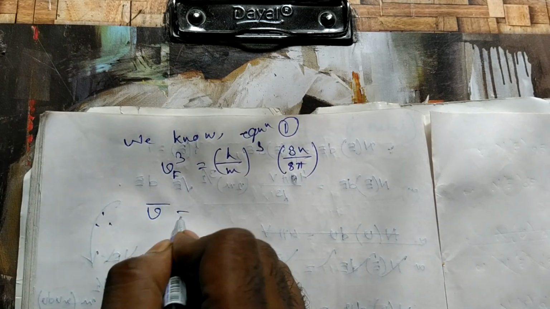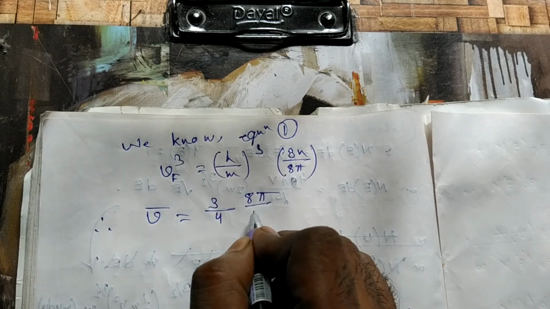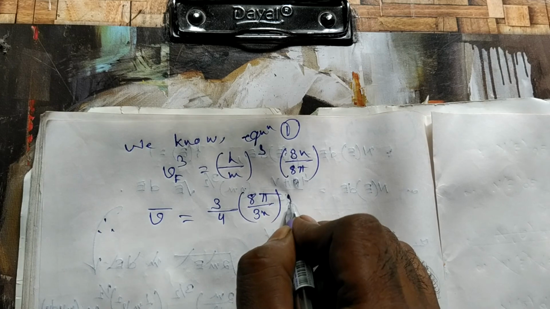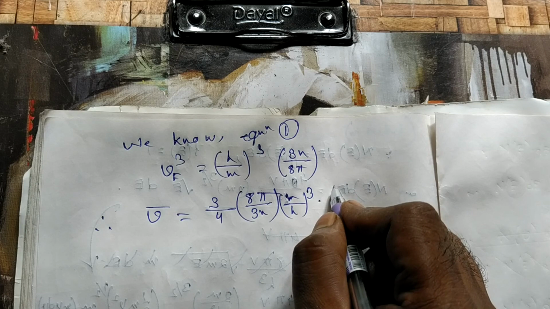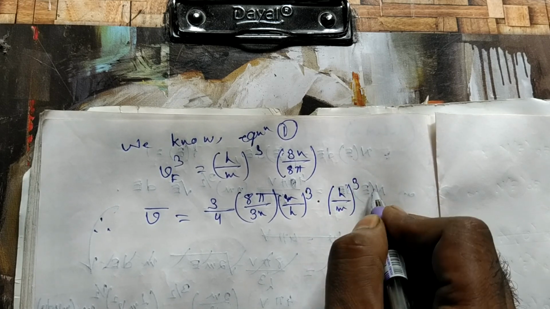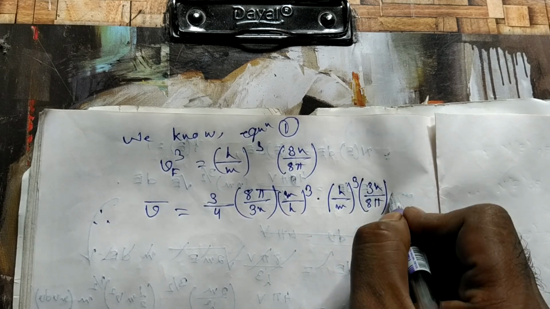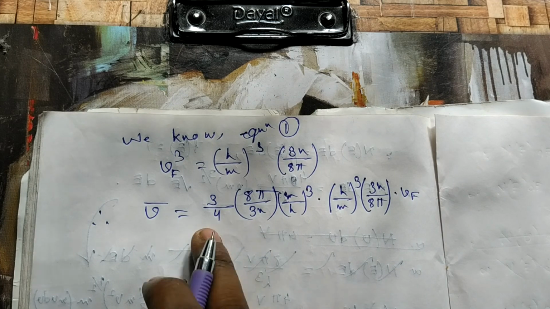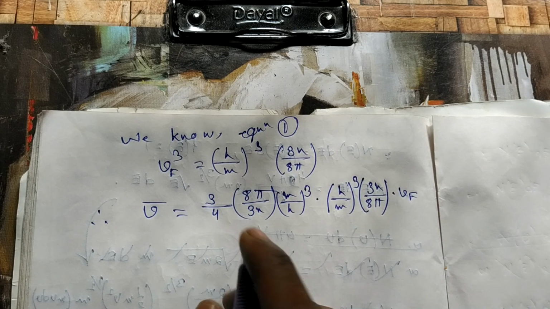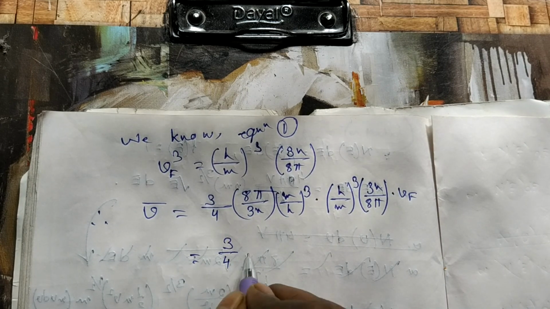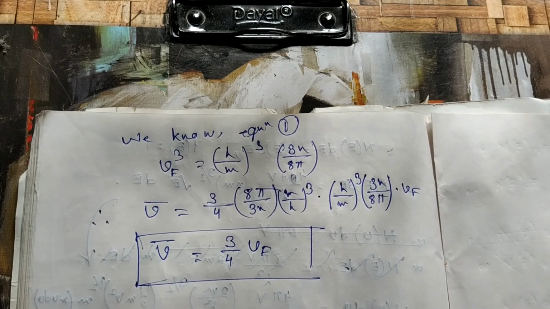Again we have V bar equal to 3 by 4, 8 pi by 3n, m by h whole cube, and putting the value of v_F cube, h by m whole cube, 3n by 8 pi, into v_F, a single v_F is left in the expression. So this becomes 3 by 4 v_F. This is the average velocity expression.